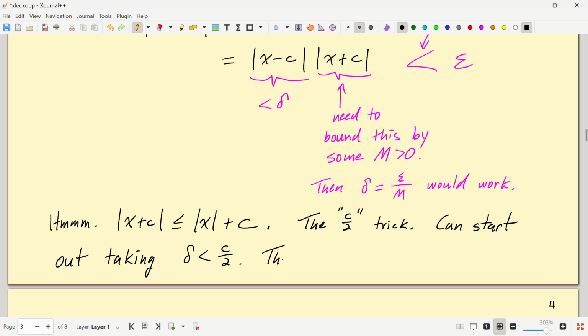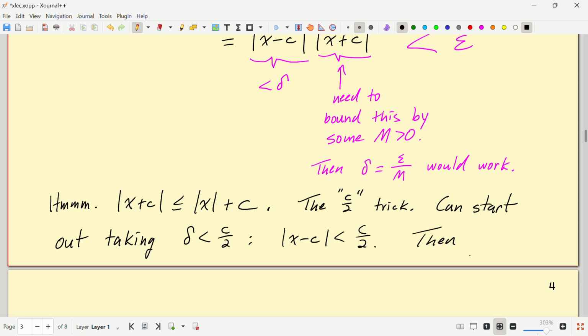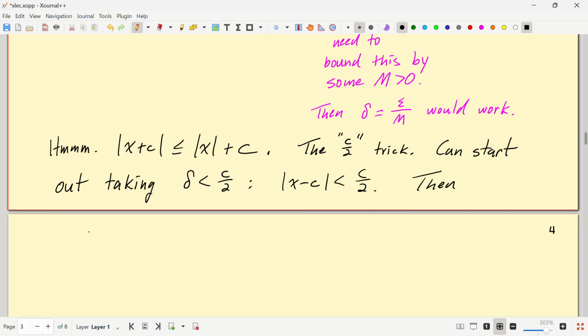Then we see from the picture, remember I've got x minus c is less than c over 2. And that means that c over 2 is less than x is less than 3c over 2. And that's going to let me estimate this little thing right here.